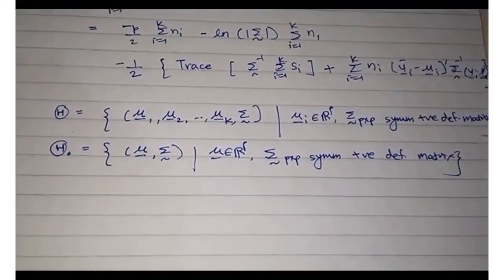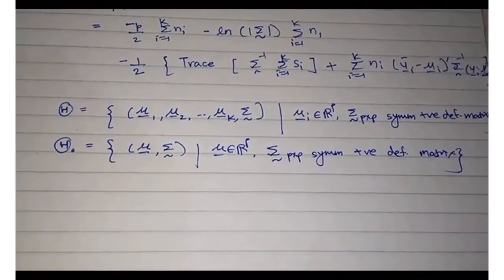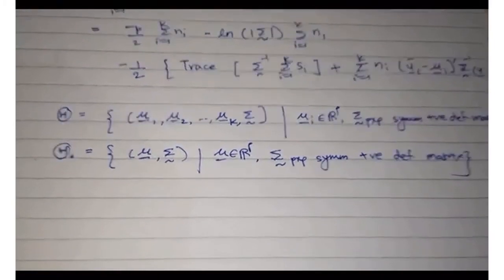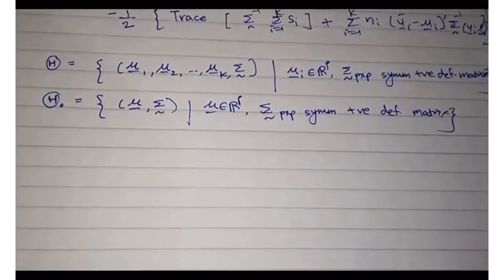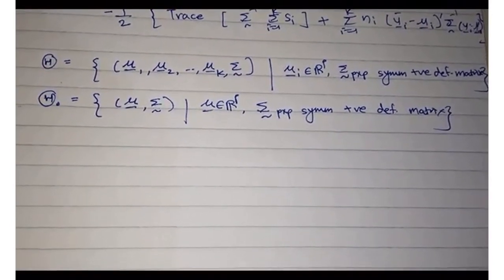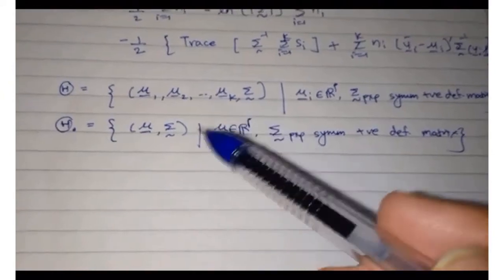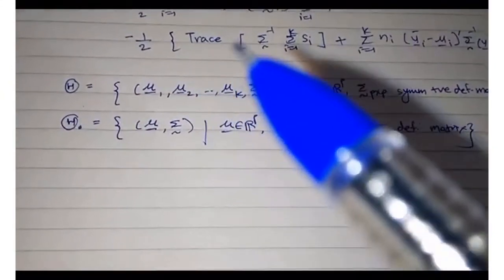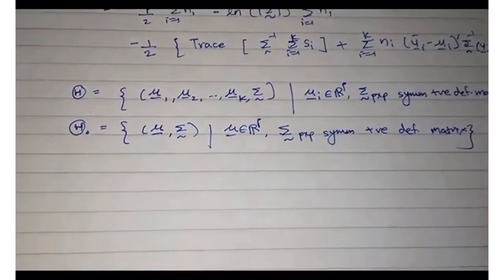Okay. So script theta is the overall parameter space, script theta naught is the parameter space under H0. And we know that the difference between the dimensions of these contributes to my degrees of freedom.